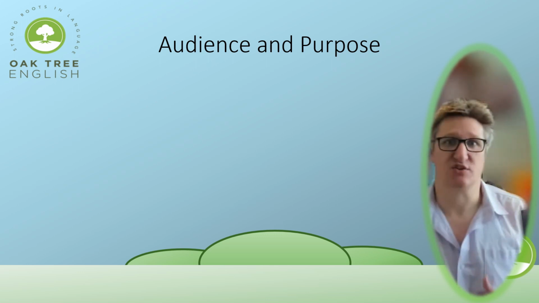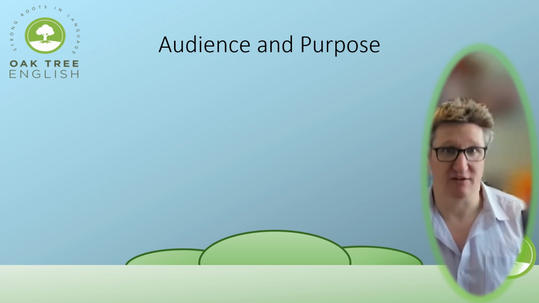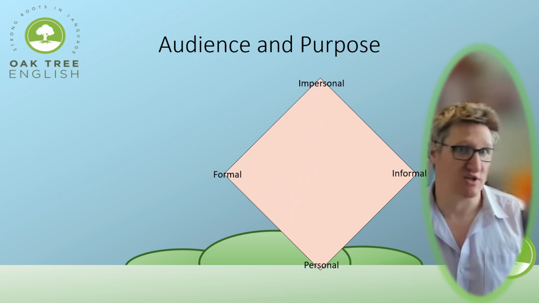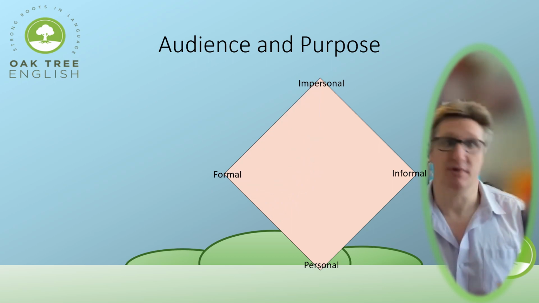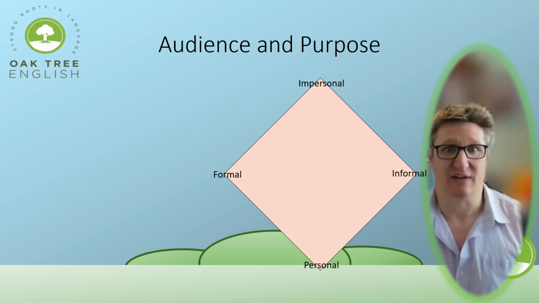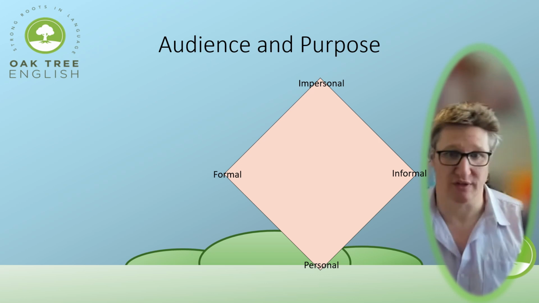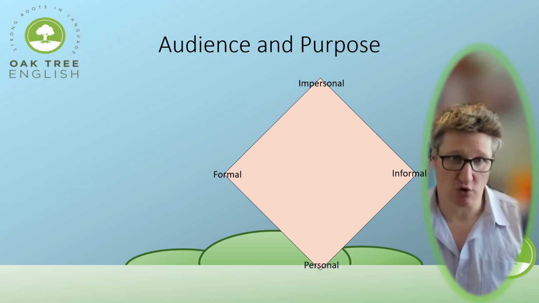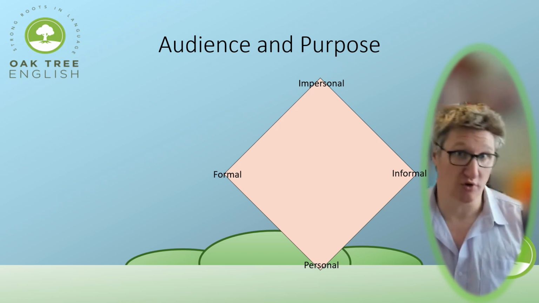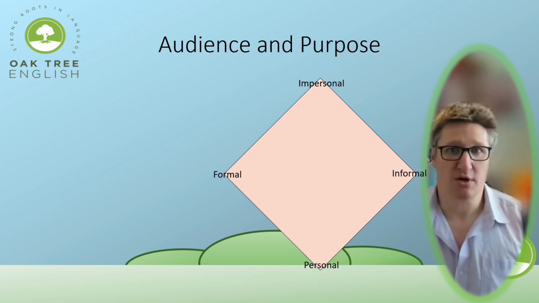Audience can be analysed on a kind of matrix along with style of writing. One axis runs from formal to informal, determining how much slang or contractions one might use. The other axis runs from personal to impersonal, depending on how many people you're talking to. For example, if it's a general audience, such as a talk or a report, it is impersonal.